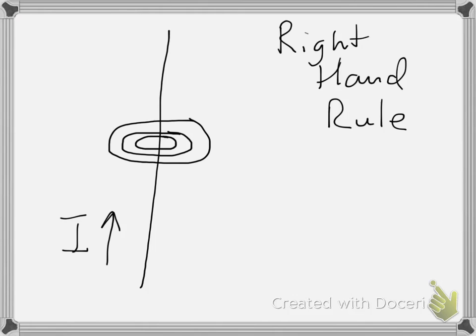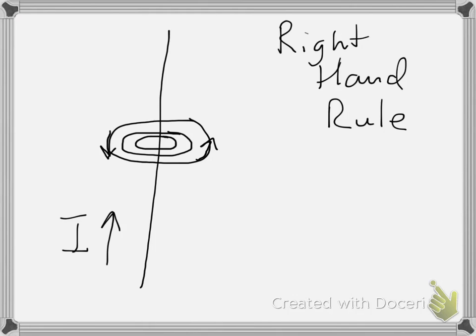The direction your fingers are pointing will be the direction the magnetic field is pointing. So if you point your right thumb in the direction of the current and start to wrap your fingers around the wire, you'll discover that the magnetic field is going into the screen on this side of the wire, and it's coming out of the screen on this side of the wire.